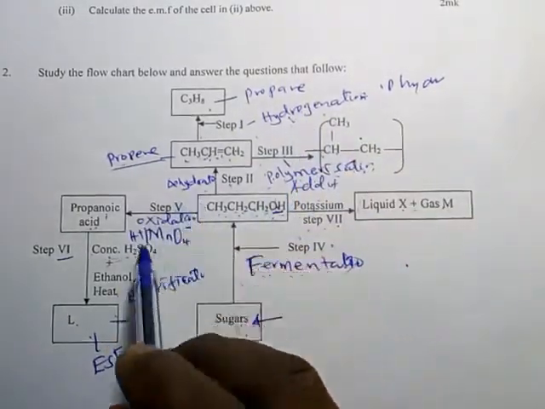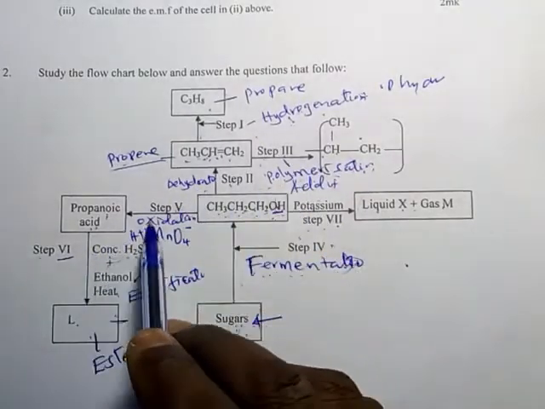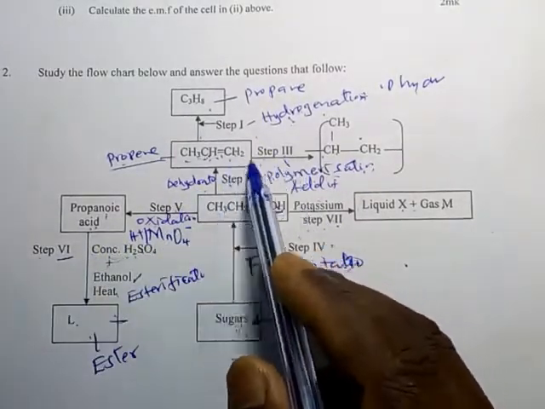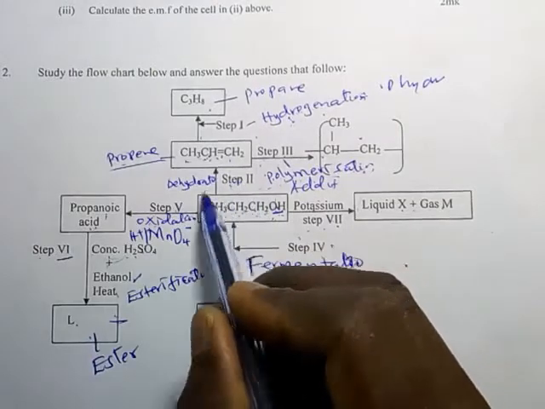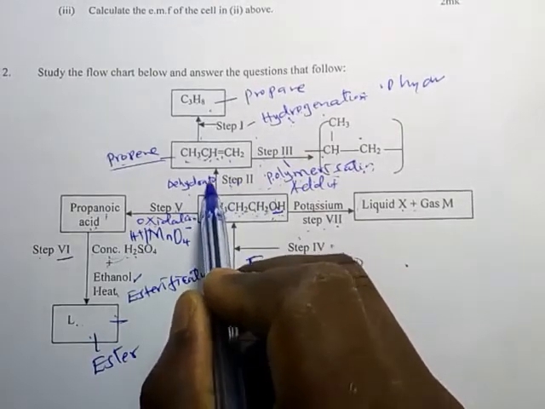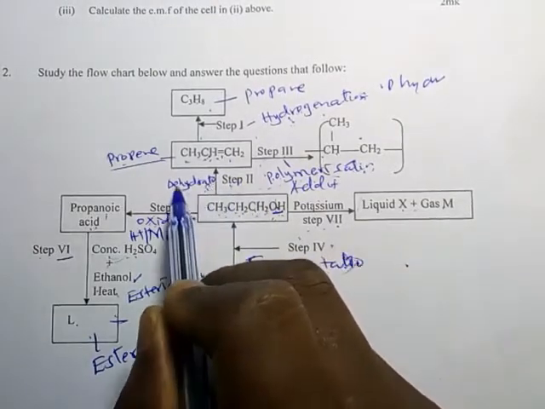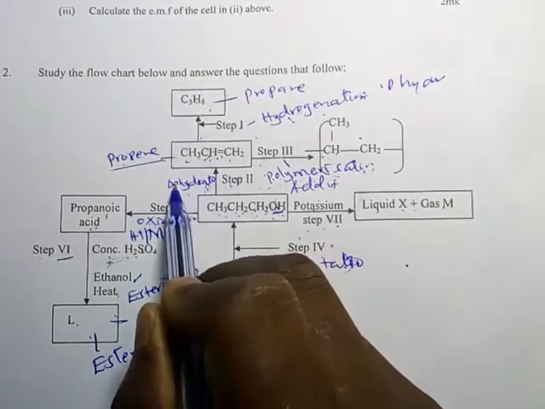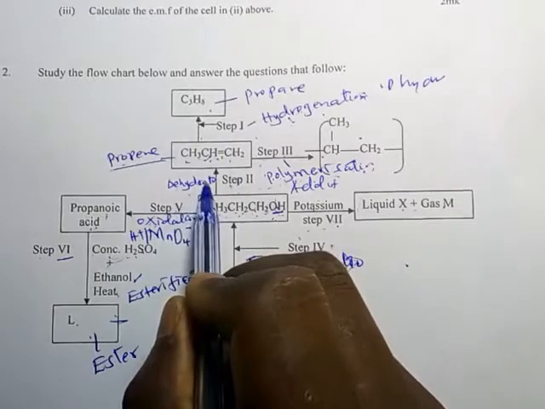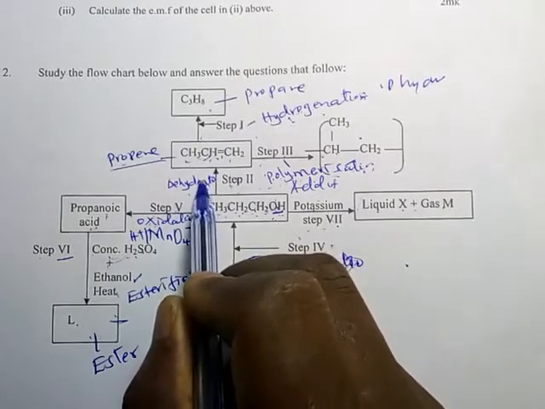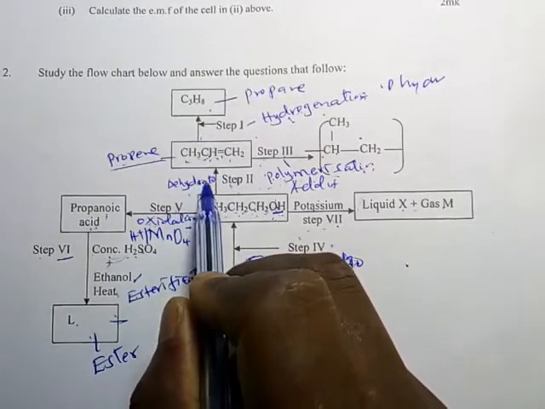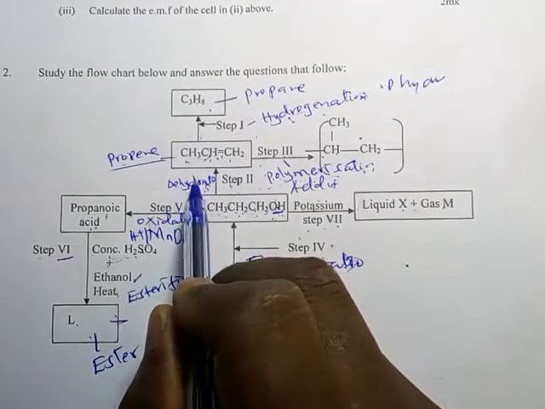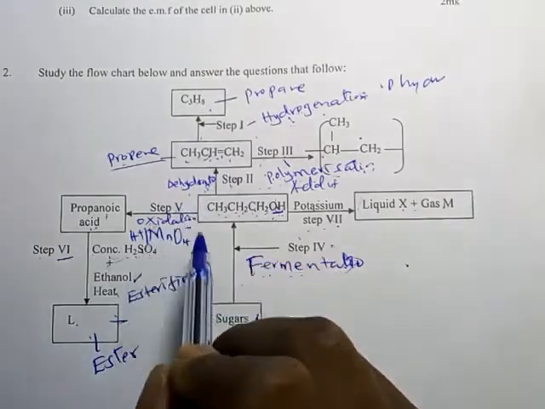The reaction in step 2, where is step 2? Here. Step 2 is dehydration. We did that. Dehydration is the removing of water. Therefore, it requires concentrated sulfuric acid and a temperature of between 160 and 180 degrees Celsius.